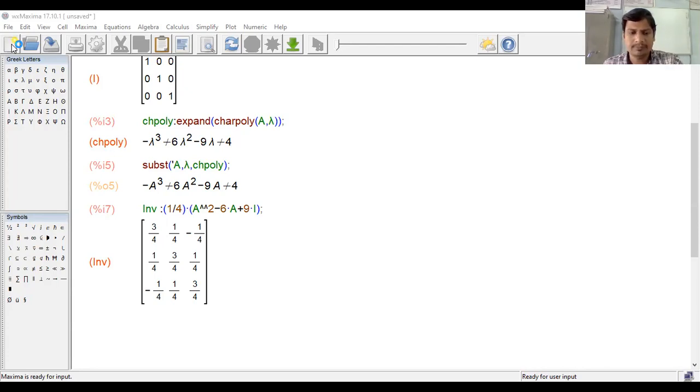See here, suppose I take a small c, then the output does not come. Suppose you take the capital C, then you get the output. The output is A cube minus A cube plus 18 A square minus 81 A plus 108. Okay. That means lambda is replaced by A.